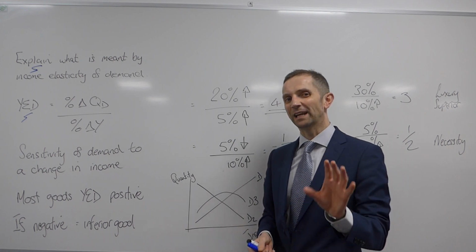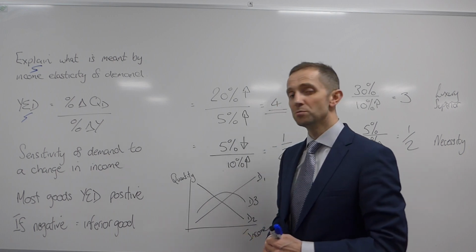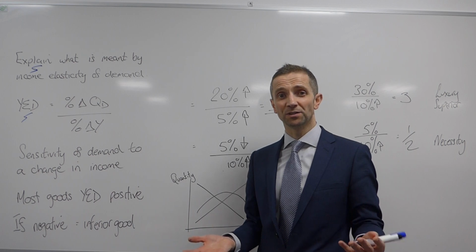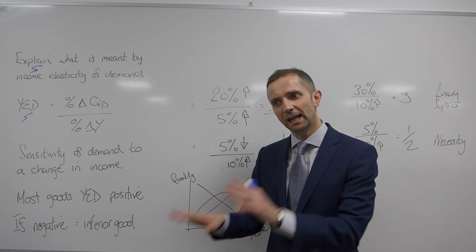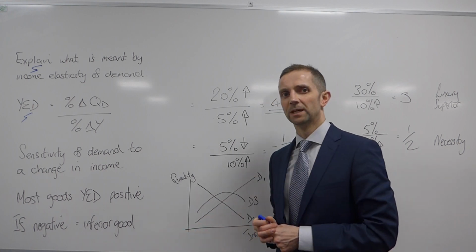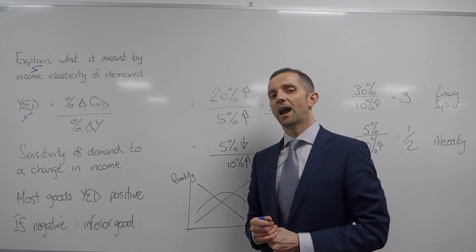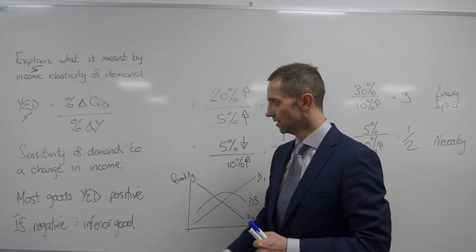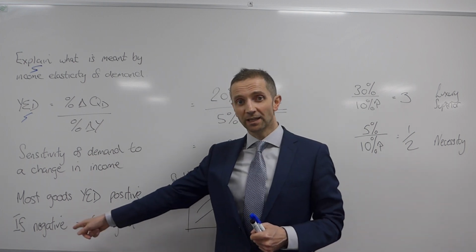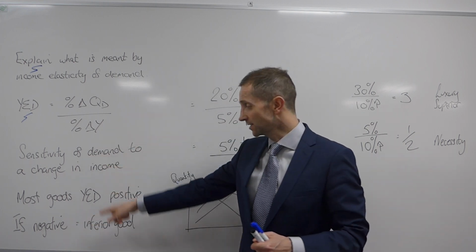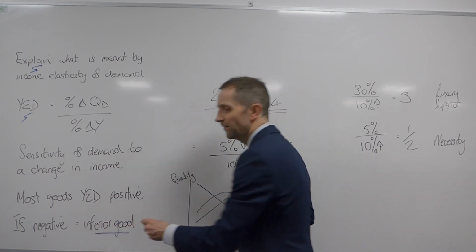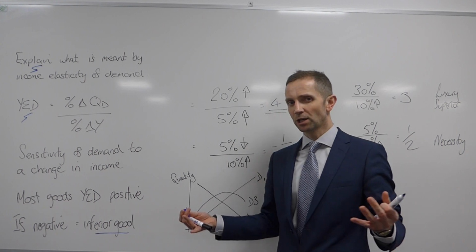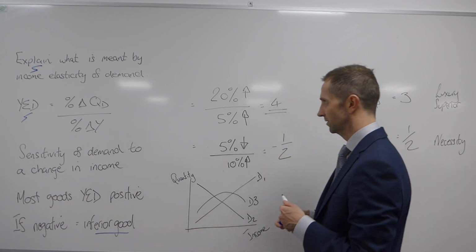In some extreme cases, you might find that as income rises, you deliberately buy less of one good and more of another, because you can afford to. If you buy less of a good, in other words, YED, the outcome of this equation, is negative, then we refer to that as an inferior good. So income goes up and you buy less of it.